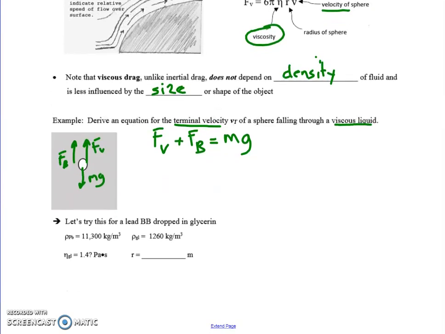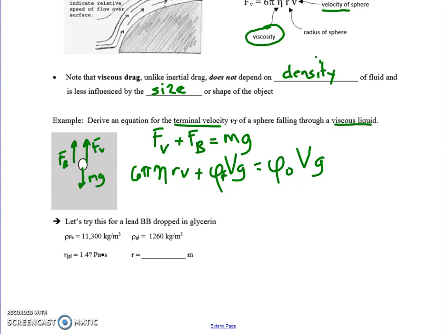Now we just tweak each of those terms in terms of viscosity and density and all that. So let's do each in part before we run out of time here. This is going to be 6 pi eta times r times v. The buoyant force is going to be rho of the fluid times the volume of the fluid displaced, which is the same as the volume of the object, times g. And this mg is going to be rho of the object times its volume times lowercase g. Okay?